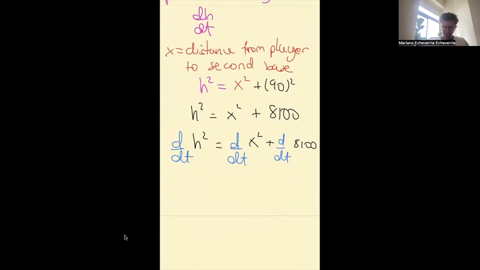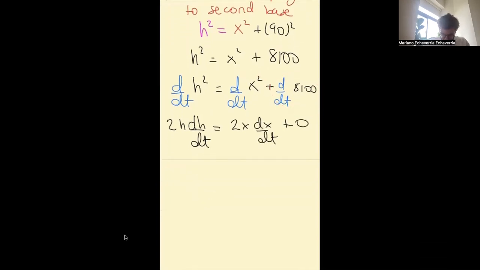Sorry, I should have said chain rule problem. And this one is 2x dx/dt for the same reasons. And this one is 0 because it's a constant. Good. So you get that h dh/dt equals x dx/dt.